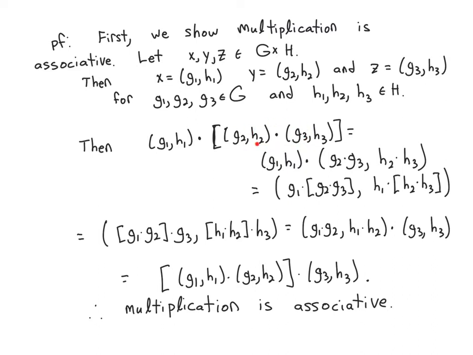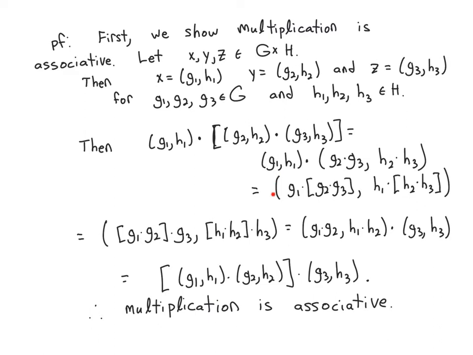It's component-wise multiplication, so it's the product of the first two coordinates, comma, the product of the second two coordinates. So g2 times g3, h2 times h3. That is the product of these two ordered pairs. So now we have this product of two ordered pairs. We know how to compute that by definition.